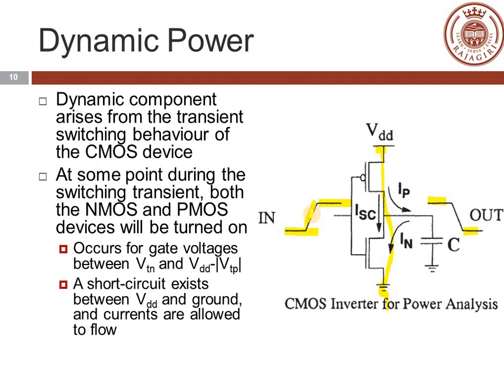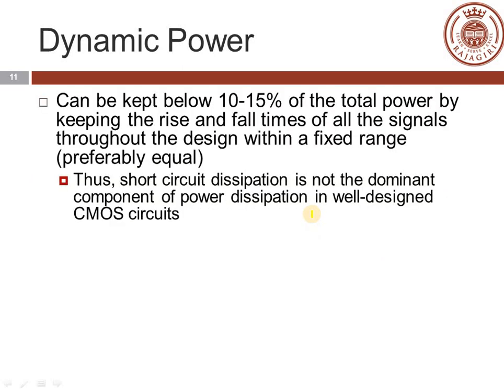So if you adjust the rise time and fall time, we can reduce this power component to 10 to 15% of the total power consumption. And probably the rise and fall times will be made equal. Thus, short circuit dissipation is not the dominant component of power dissipation in a well-designed CMOS circuit.